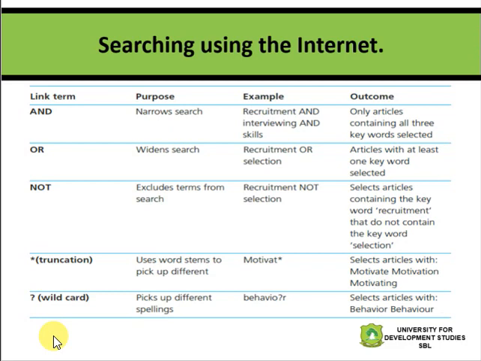In that case, I'm doing a wildcard search. When I do that, it will return articles that contain the word in its variant forms, so for labor, it will return articles with labor spelled as labor, and articles containing the word spelled as labour.